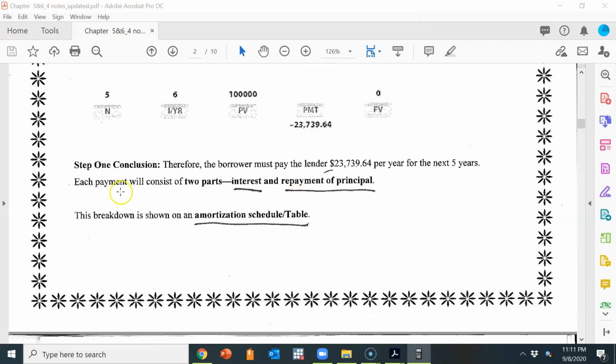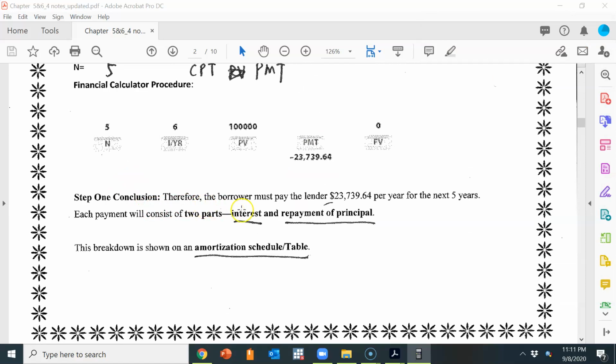Okay. One-step conclusion. Therefore, the borrower must pay the lender $23,739.64 per year for the next 5 years. Each payment will consist of two parts: interest payments and repayment of principal.